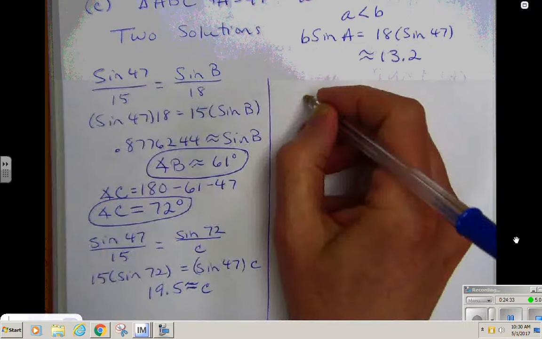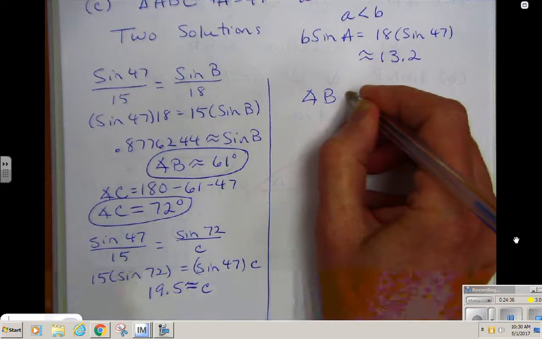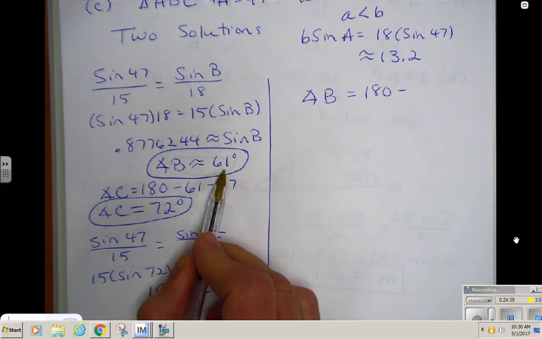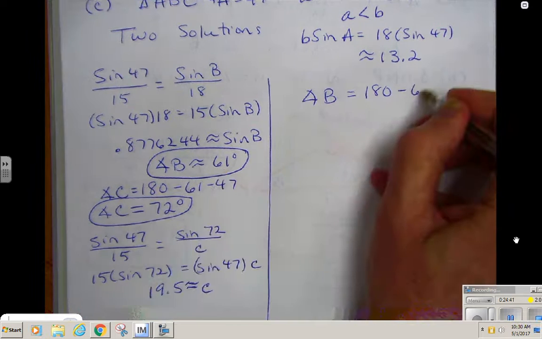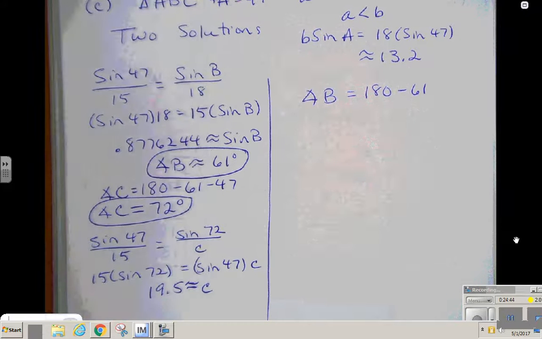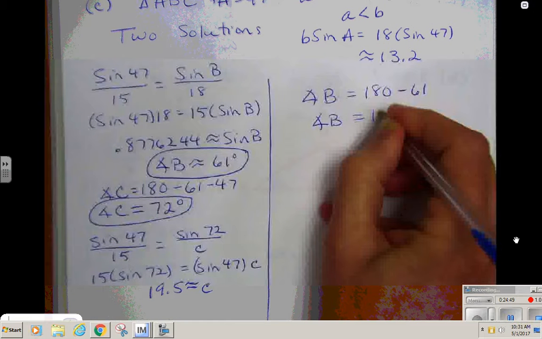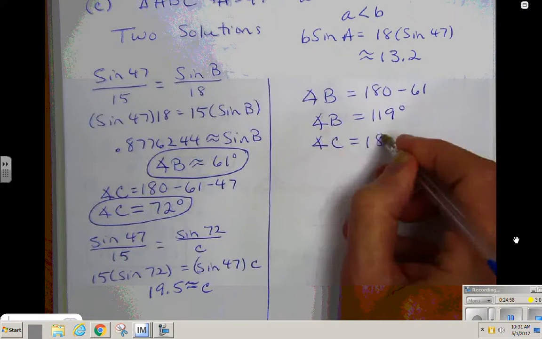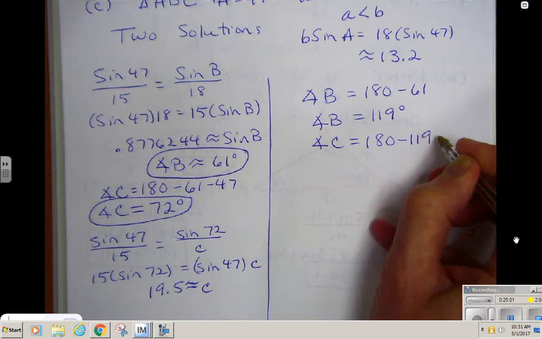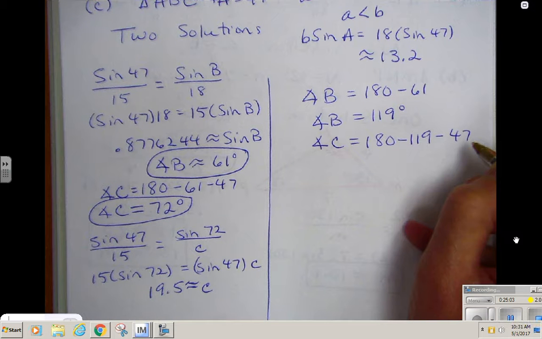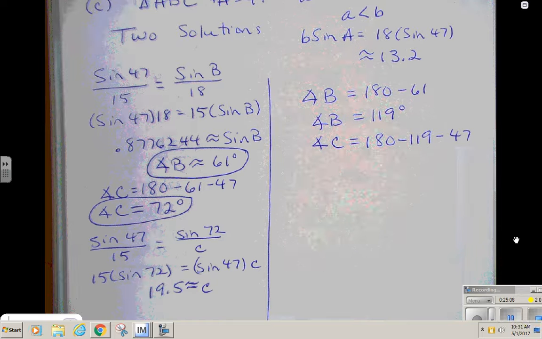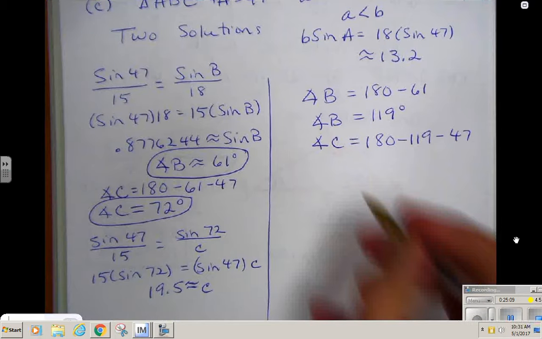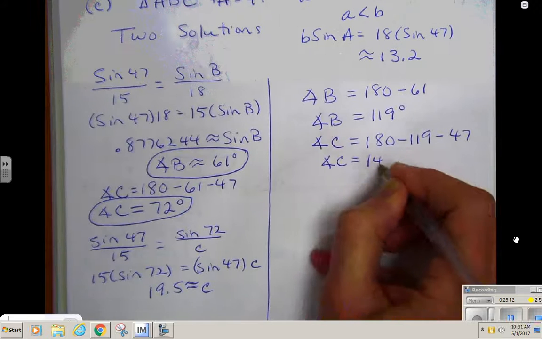So to find my other scenario, I'm going to take 180 and subtract the angle that I got the first time, 61. So that means that angle B could be 119 degrees. And then we're going to find angle C by taking 180 minus 119 minus angle A, which is 47. And so angle C is about 14 degrees.